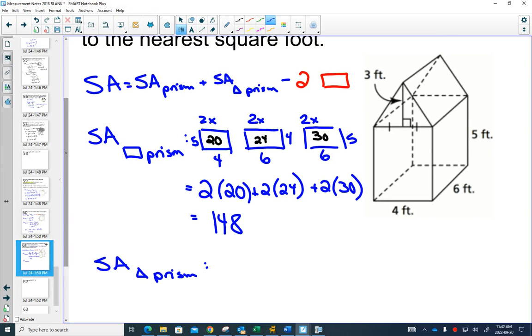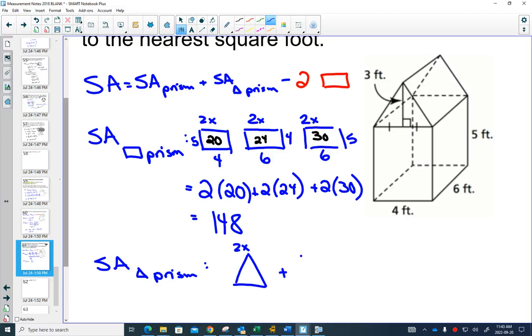Can you see that your triangular prism would have 2 triangles and then 3 rectangles? Are the rectangles different? Yes. 2 of them are the same and 1 of them is different.